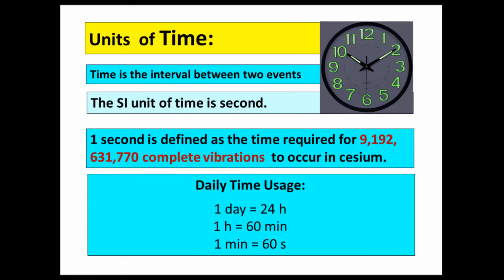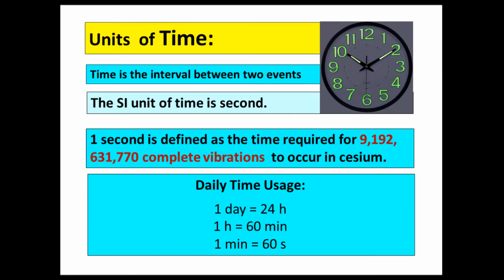Now we'll take time, the interval between two events. We have the common daily time usage: 1 day 24 hours, 1 hour 60 minutes, 1 minute 60 seconds.